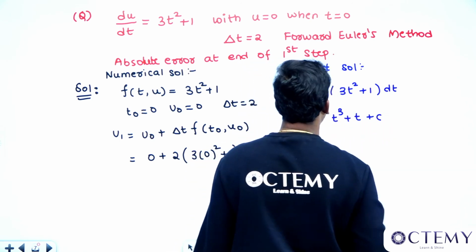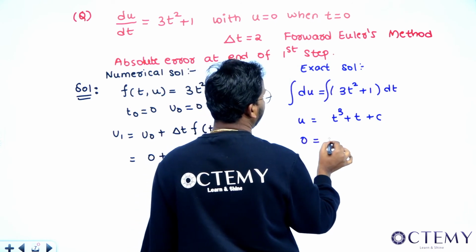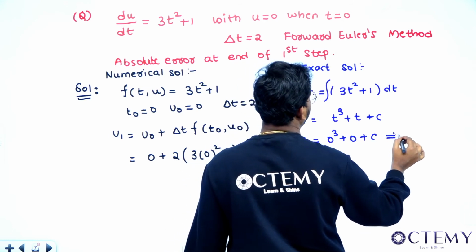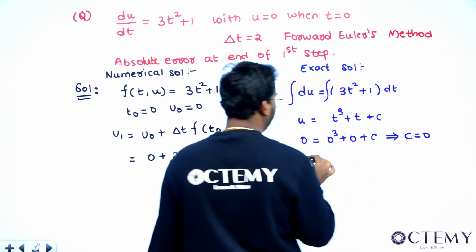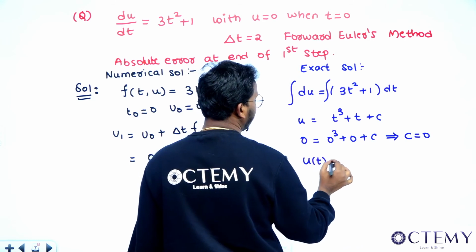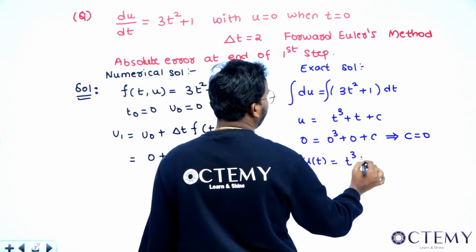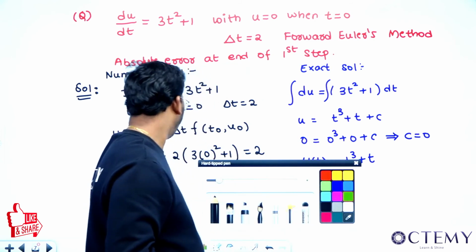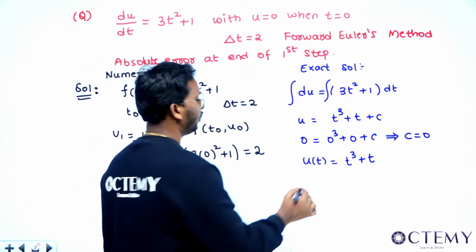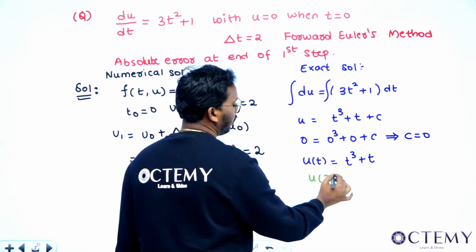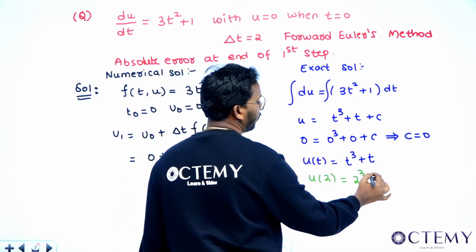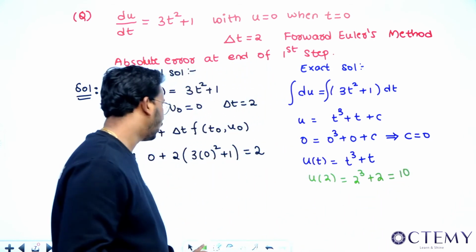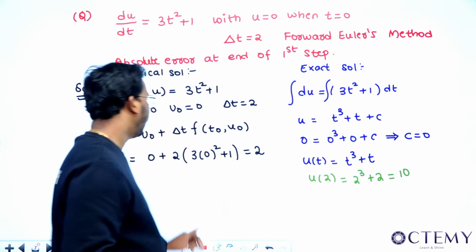But what is the initial condition? 0 is equal to 0 cube plus 0 plus c, which implies c is equal to 0. Therefore, finally, u of t is t cube plus t. But I want u2 because after first step. So u2 will be equal to 2 cube plus 2, that is 8 plus 2, 10. Now see, sir, what is the error? This is the exact answer.